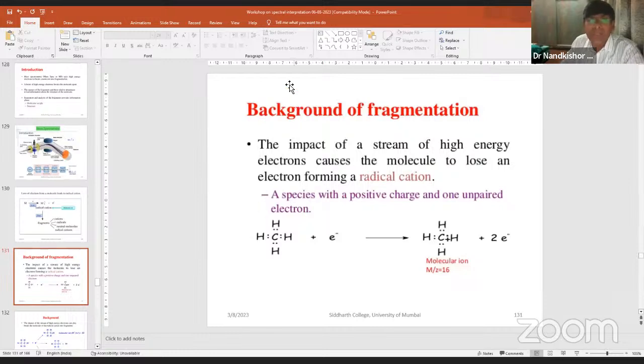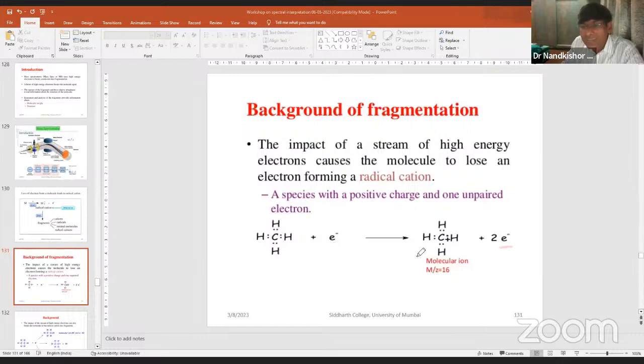Now look here. This is the methane molecule. When this methane molecule is bombarded with a single electron of 10 electron volt up to 15 electron volt energy, what will happen? The octet, 8 electrons, are there around the carbon. One of the bonded electrons will be ejected out by this electron, and 2 electrons will go out.